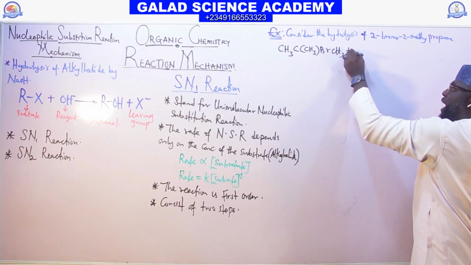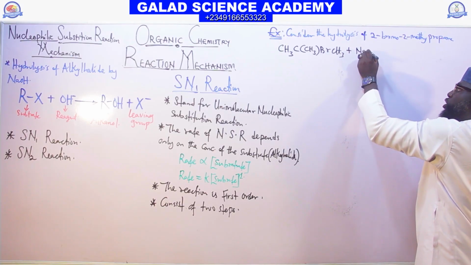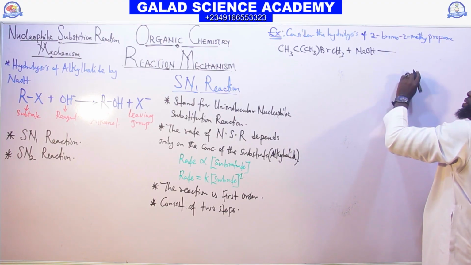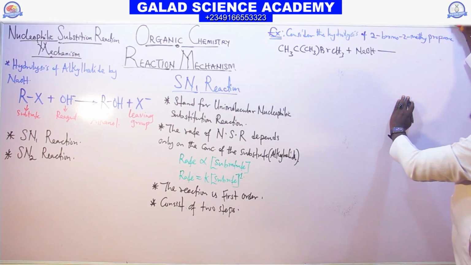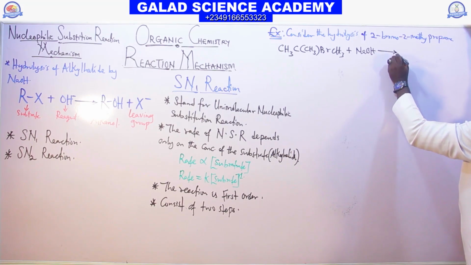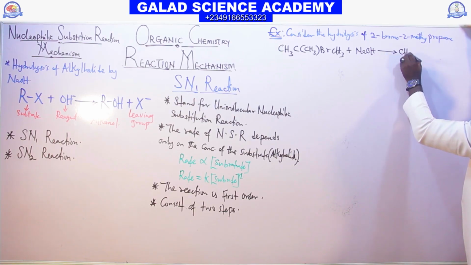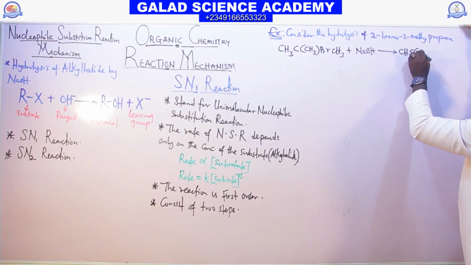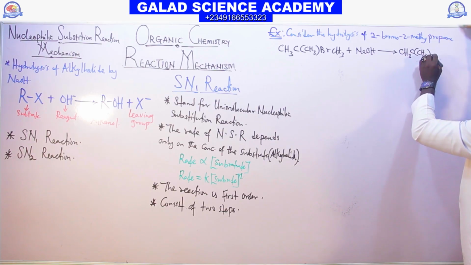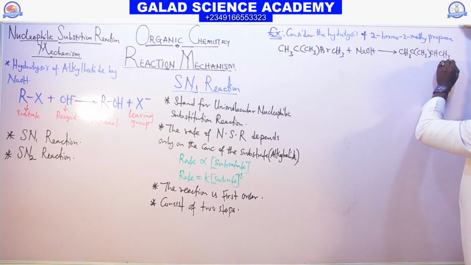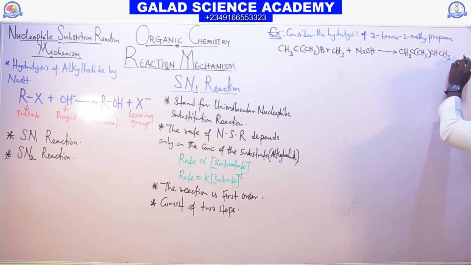If this compound reacts with sodium hydroxide as reagent, what happens to the product form? The product will have CH3, C, CH3, OH, CH3, plus sodium bromide.